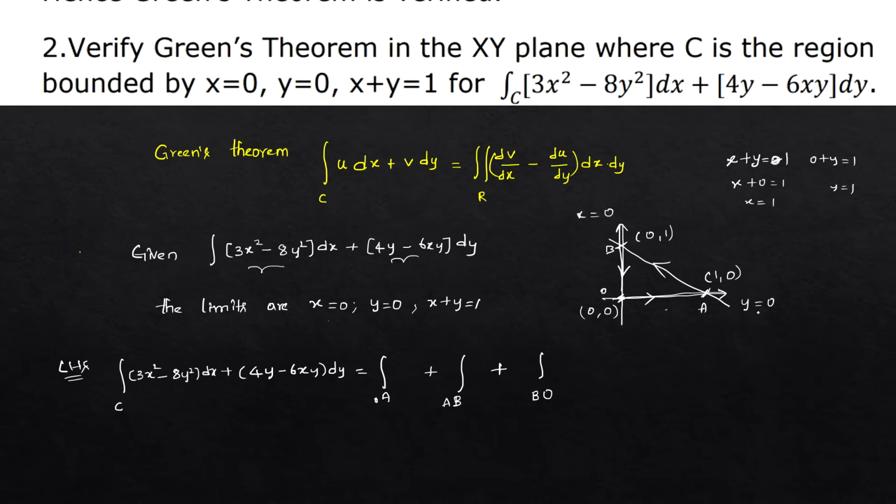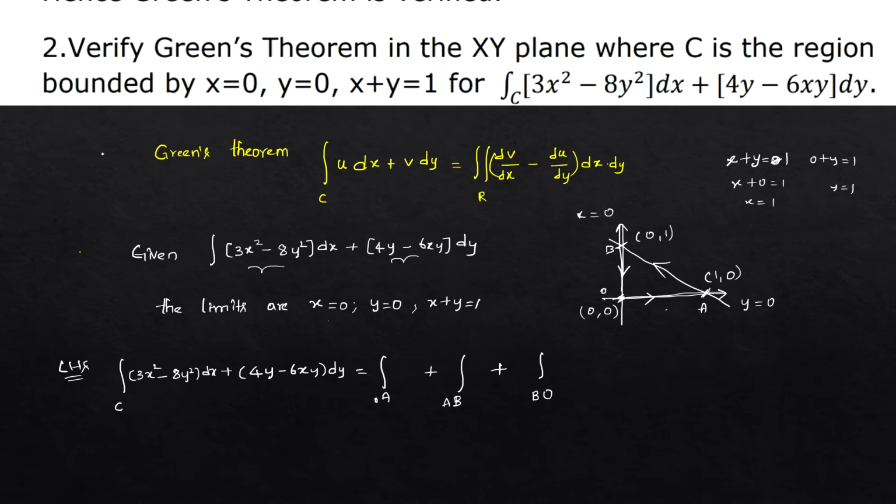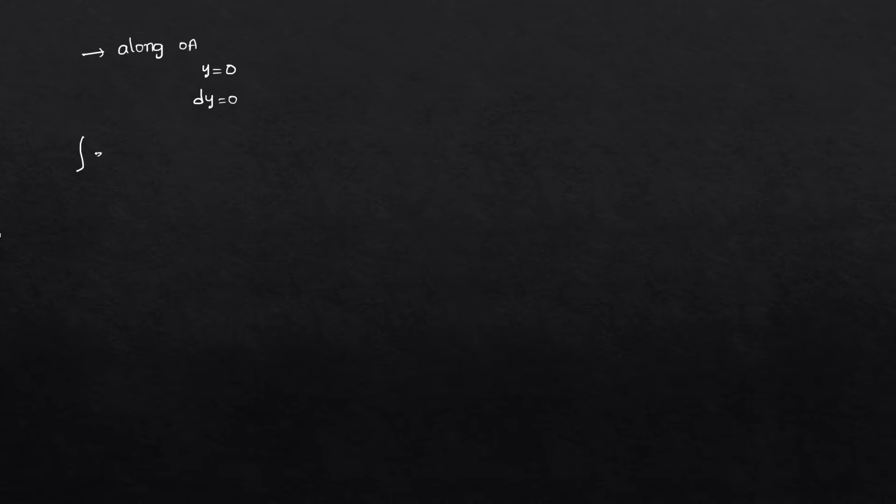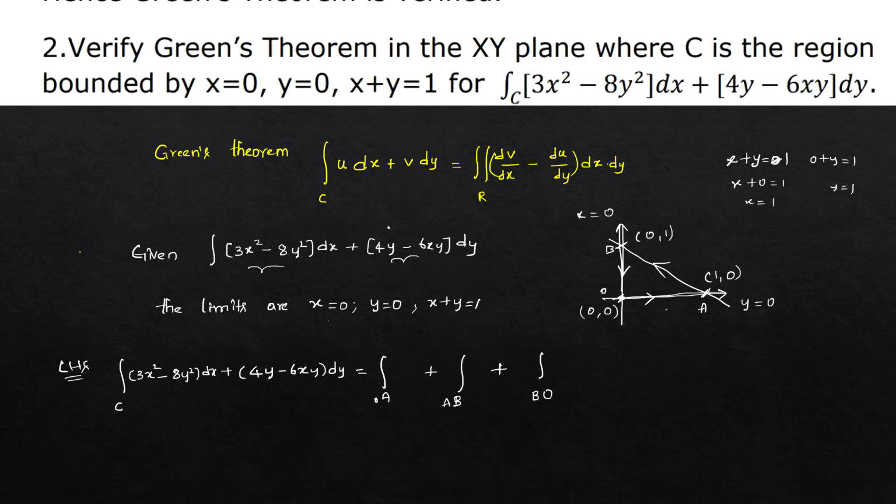OA is the x-axis, that means y is equal to 0, and by default dy will also be 0. Now replace that in the question. The integral of (3x² minus 8y²) dx plus (4y minus 6xy) dy.